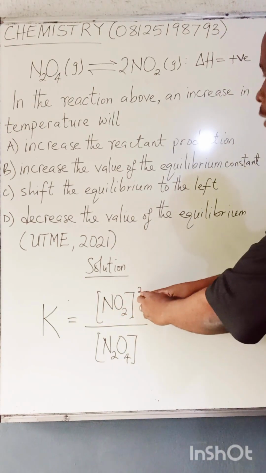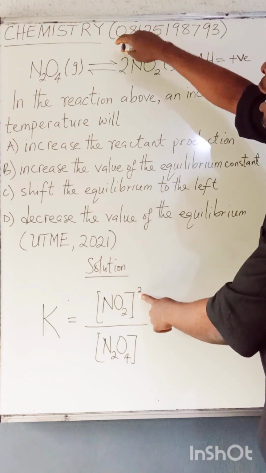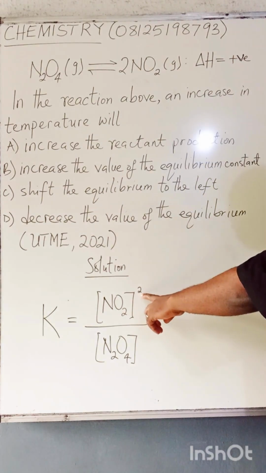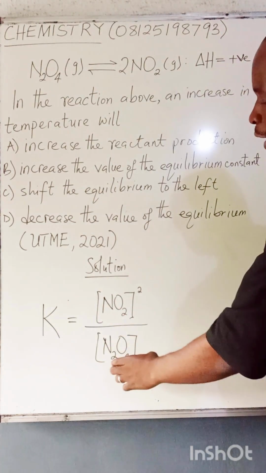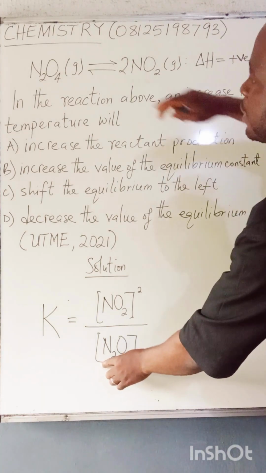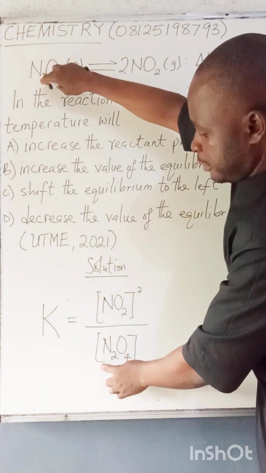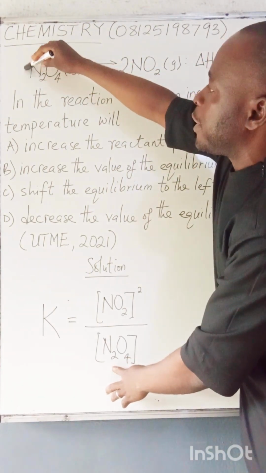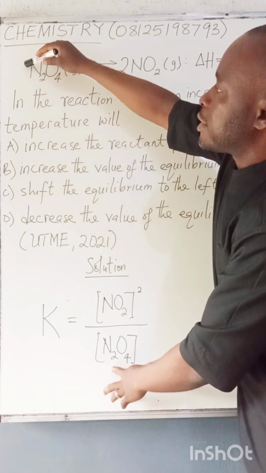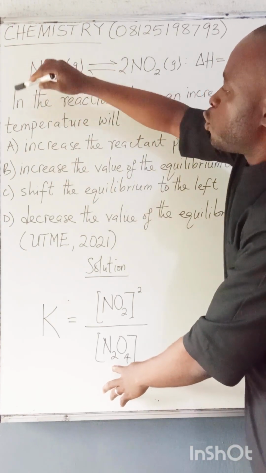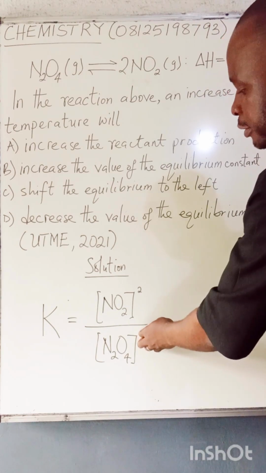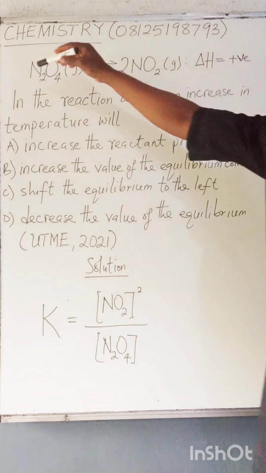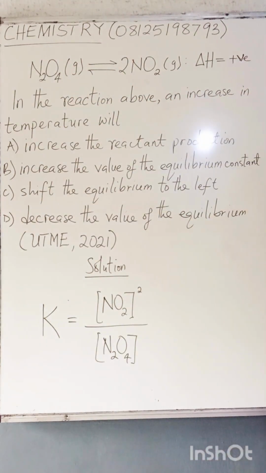This power 2 is the coefficient that helps us to balance the chemical equation. Do you understand? Divided by the concentration of the reactants, raised to power, what's the coefficient here? The coefficient that is here is 1. So the power here is 1. It is understood to be there, we do not write it. The same way the coefficient here is 1 and we do not write it.